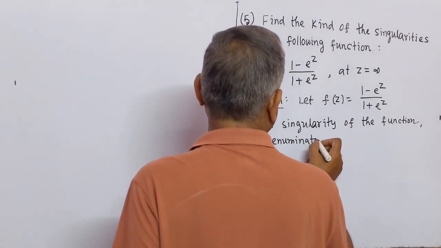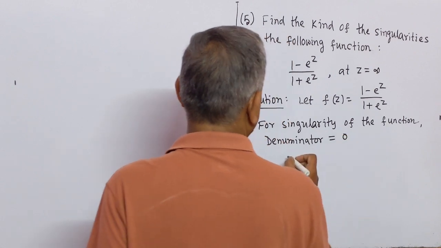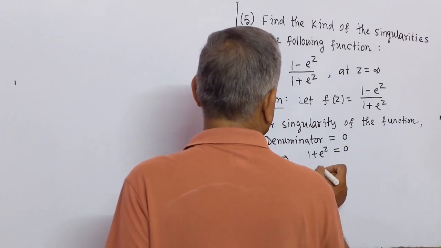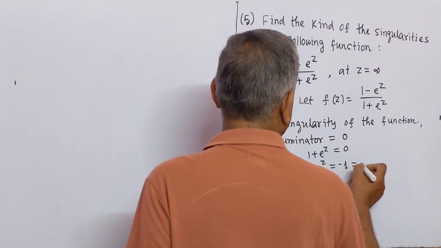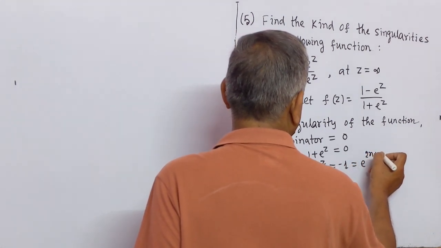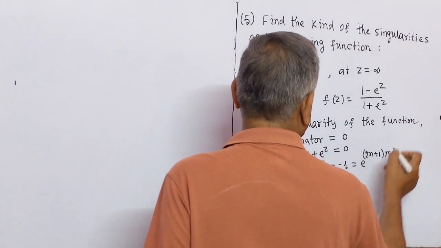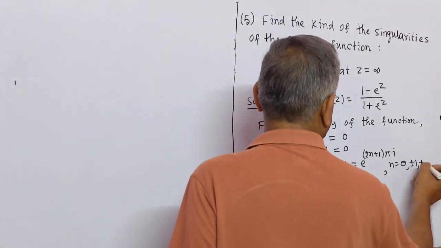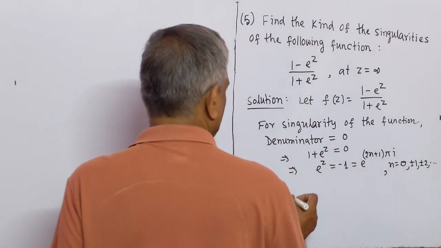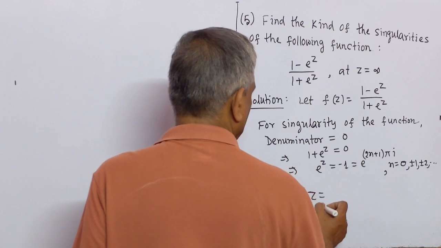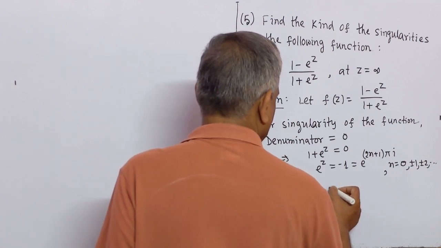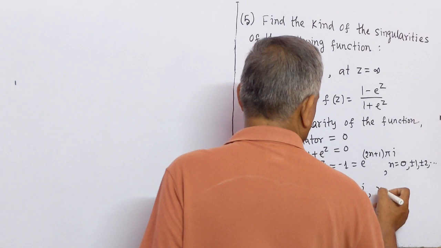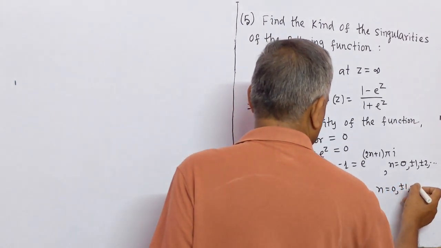denominator equal to 0 implies that 1 plus e to the power z equal to 0 implies that e to the power z equal to minus 1 equal to e to the power (2n plus 1) pi i, n equal to 0, plus minus 1, plus minus 2, and so on, implies that z equal to (2n plus 1) pi i, n equal to 0, plus minus 1, plus minus 2.